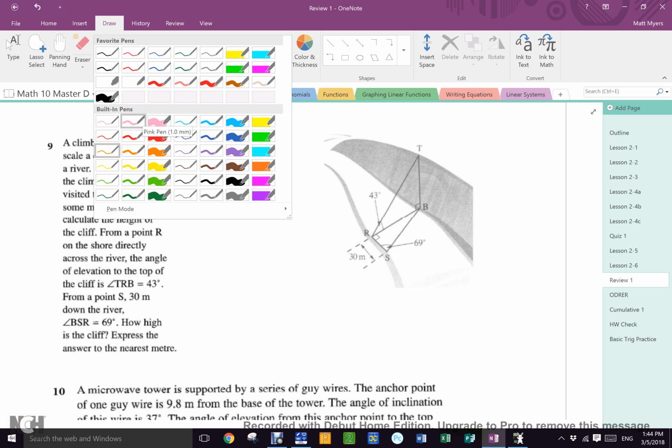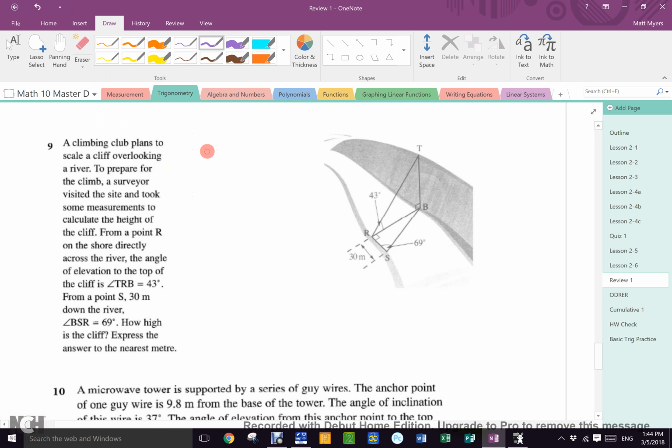Alright, let's use purple. And so, in question 9, I am trying to find that height. To find that height, I need 2 pieces of information in a triangle that includes that side. There's the triangle. Do I have 2 pieces of information?